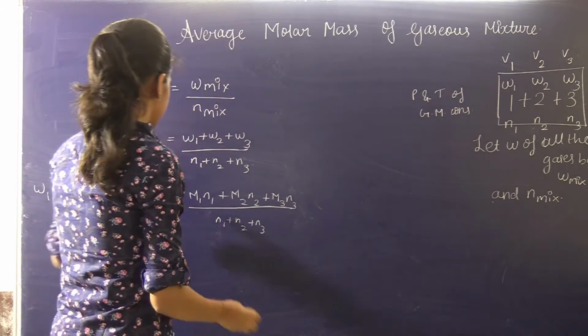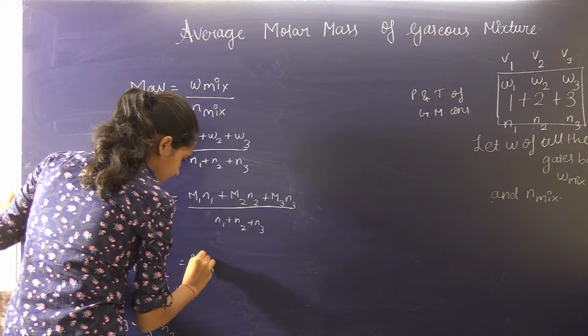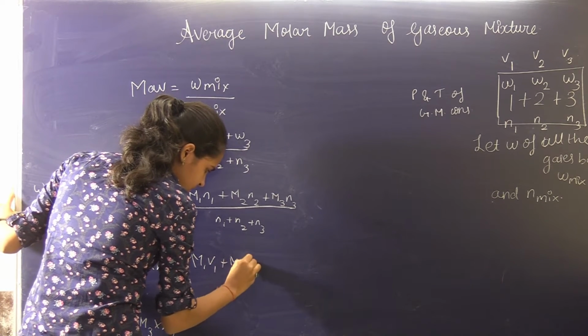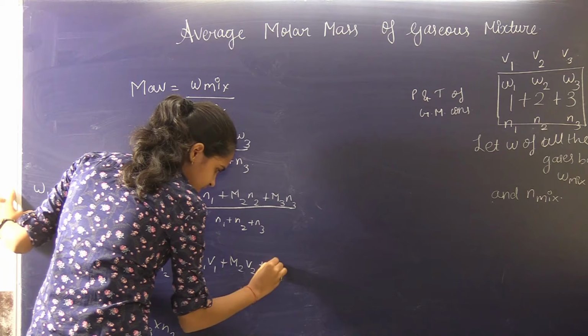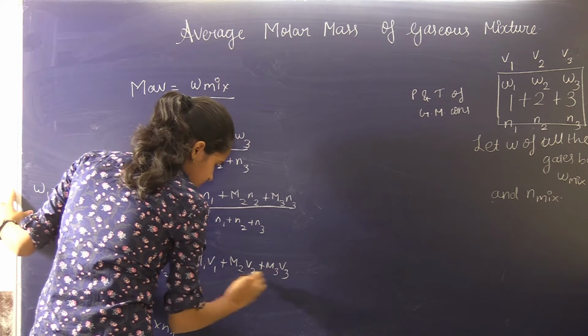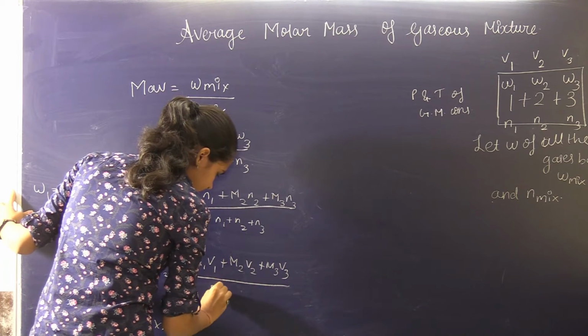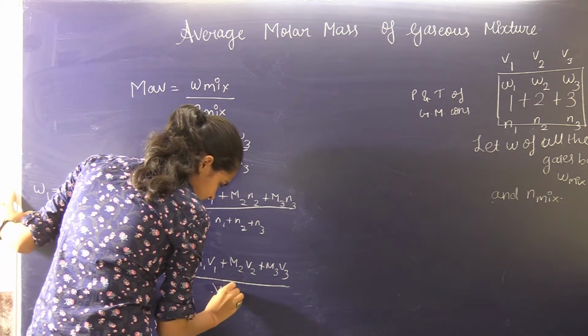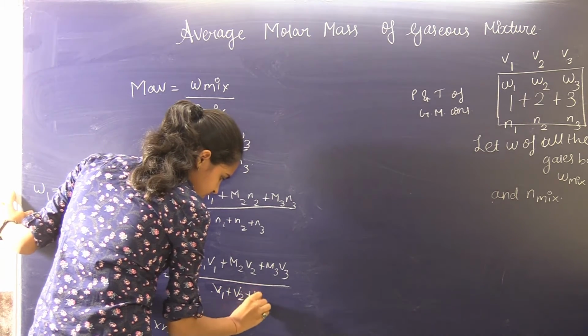So the third formula will be M1 V1 plus M2 V2 plus M3 V3 upon V1 plus V2 plus V3.